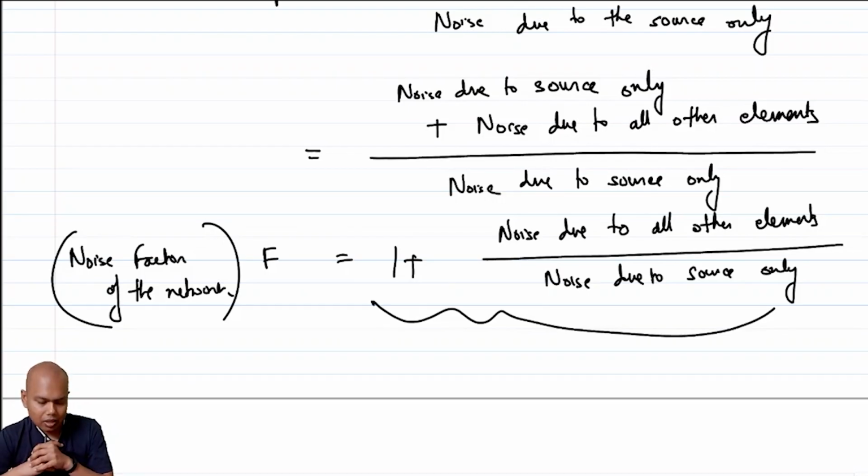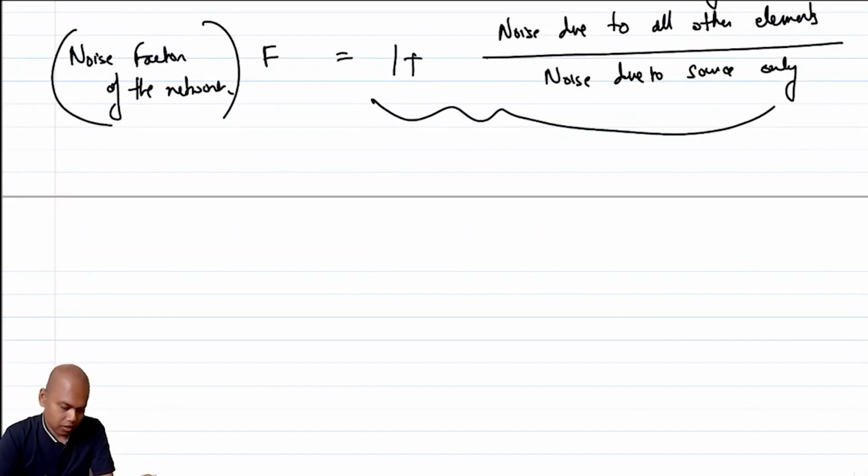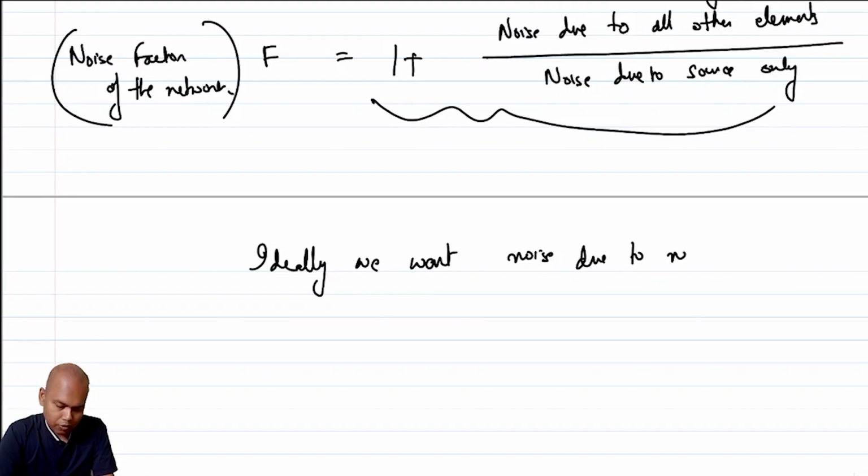So ideally, what do you want the noise factor to be? You would want it to be equal to 1, because you would want the noise contributed by all other elements to be much smaller than the noise due to the source only. So ideally, we want the noise due to the network to be much smaller than the noise due to the source.